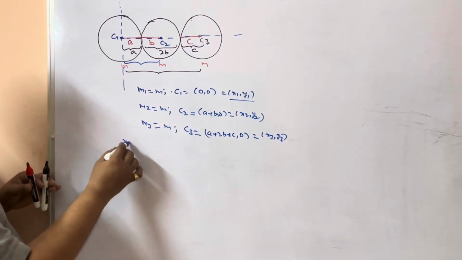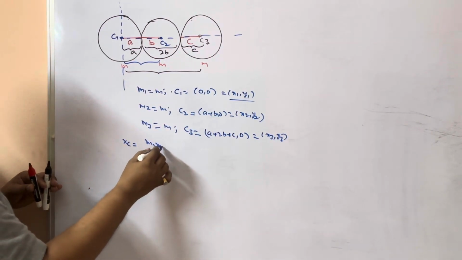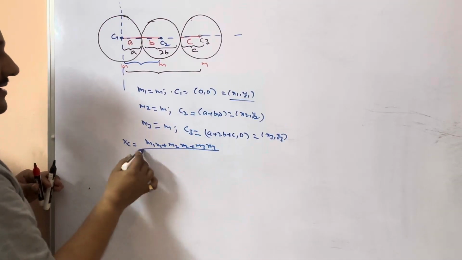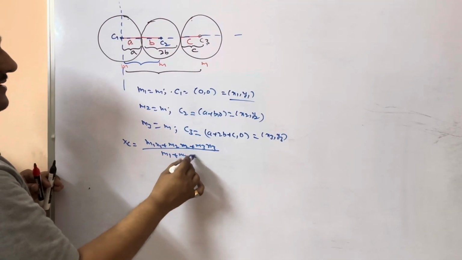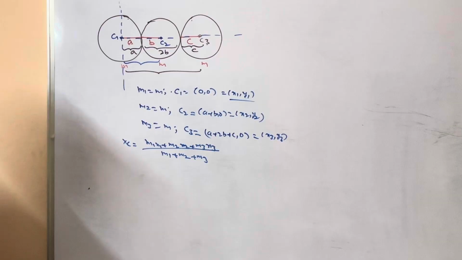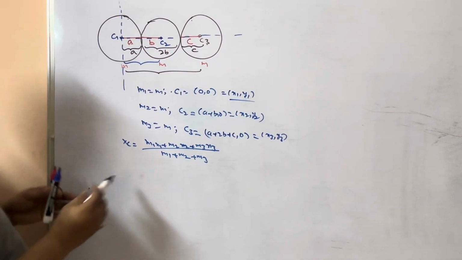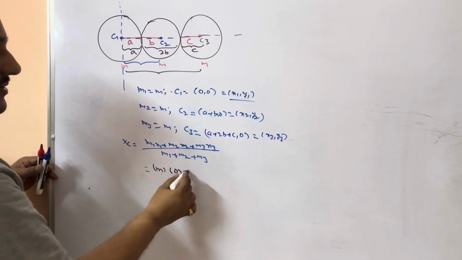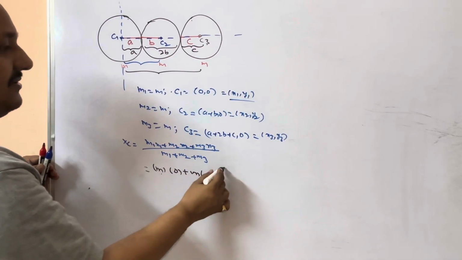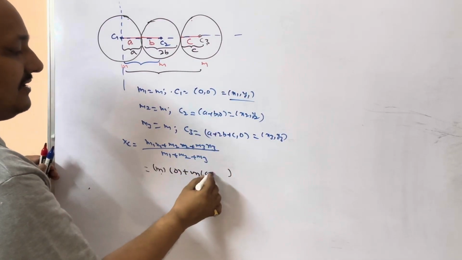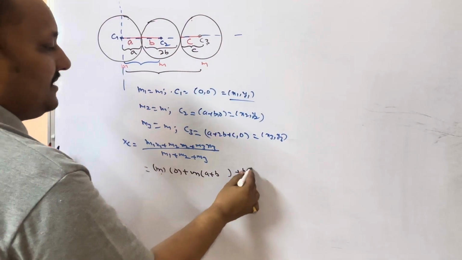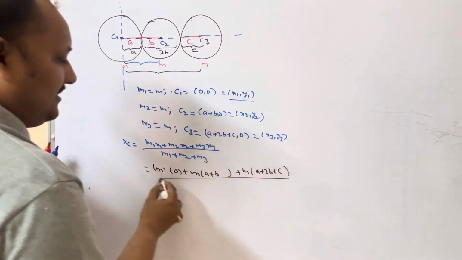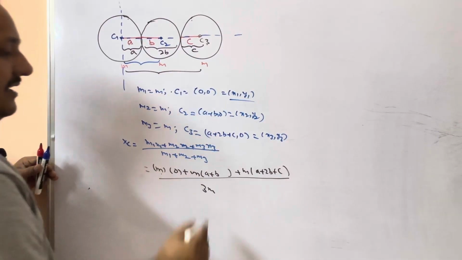What is our formula? X equals m1 x1 plus m2 x2 plus m3 x3 by m1 plus m2 plus m3. Now substitute in this. What is m1? M into x1, which is 0, plus m into x2, which is a plus b, plus m into x3, which is a plus 2b plus c, divided by 3m.